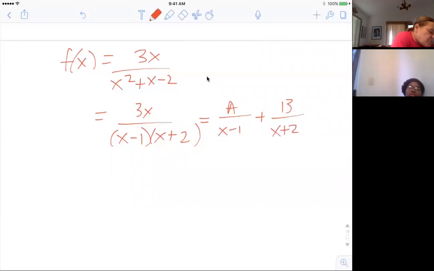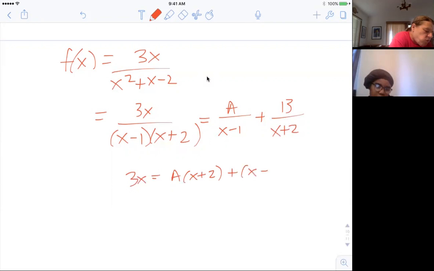If I multiply through, that says 3x is A times x plus 2 plus B times x minus 1. So the x coefficients: A plus B is 3. And 2A minus B is 0, because the constant on the other side is 0.